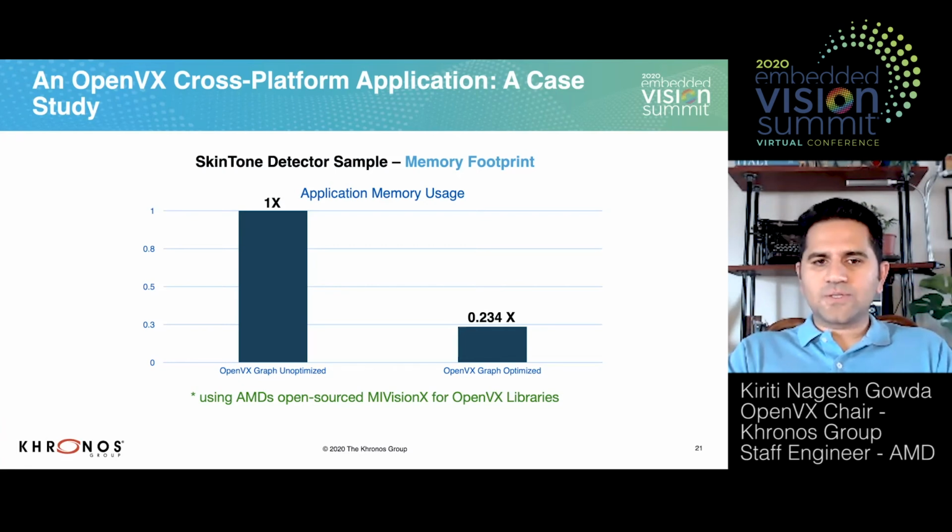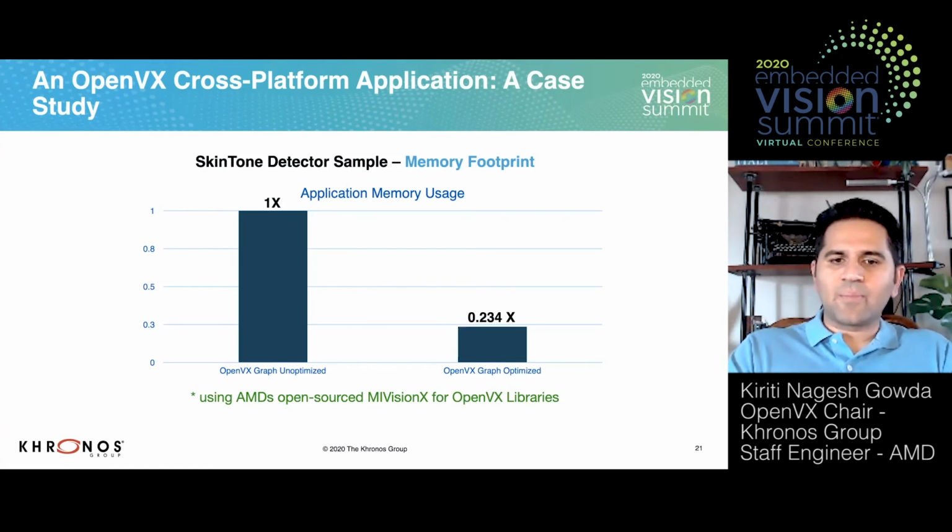So it reduces to almost 0.2x. That's a great saving, especially if you're using an embedded system device where memory is already in short supply. These kinds of optimizations really push your boundaries to make a better application.